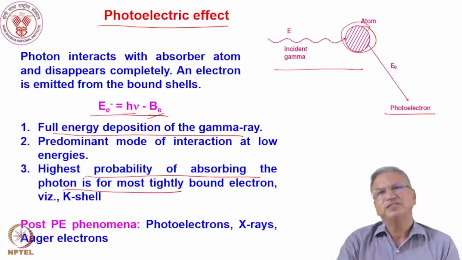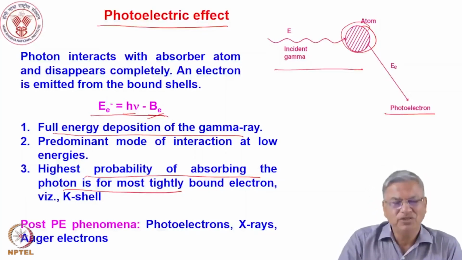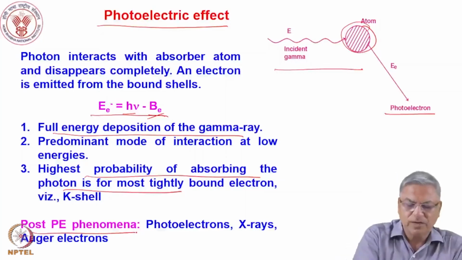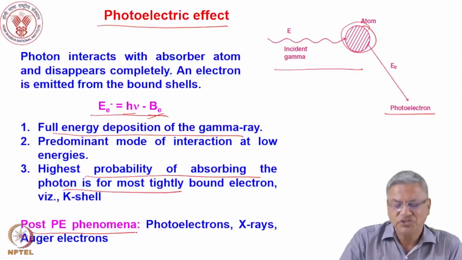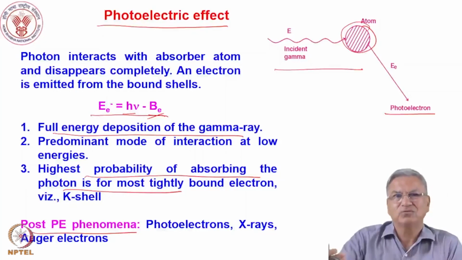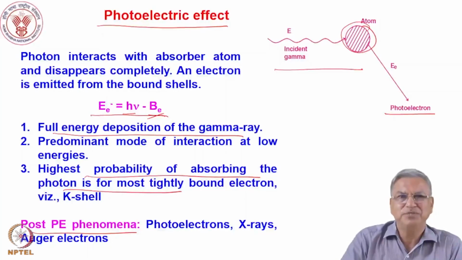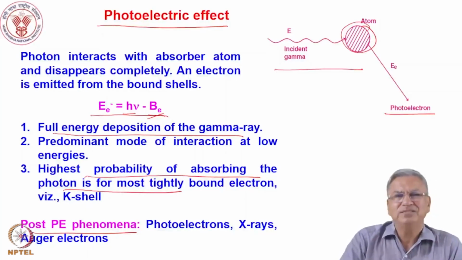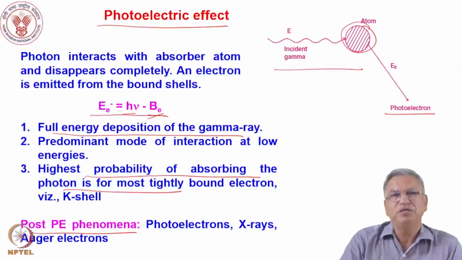Now what essentially has happened is there is a hole in the K shell, an electron has been emitted. So after the photoelectric effect, what happens? There is a hole in the K shell. Then the electrons in the higher shells will jump down to the lower shell, and in the process you will see X-rays being emitted. And subsequently, instead of X-ray emission, Auger electrons may also be emitted.